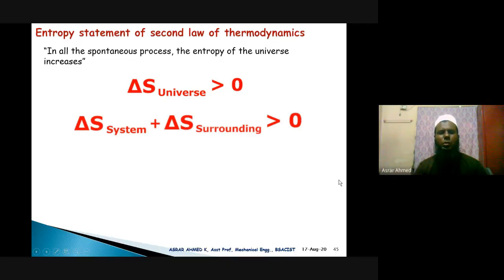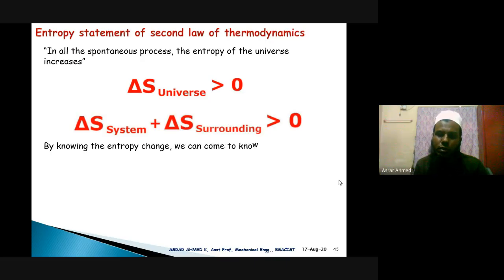It is a little bit confusing, but when we discuss an example, it will be very clear. By knowing the entropy change, we could say whether the process is possible or not, whether the process occurs on its own or it is non-spontaneous. If it is still confusing, we shall go directly to an example.